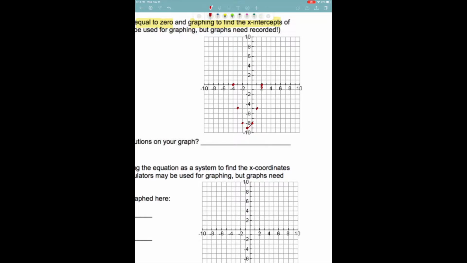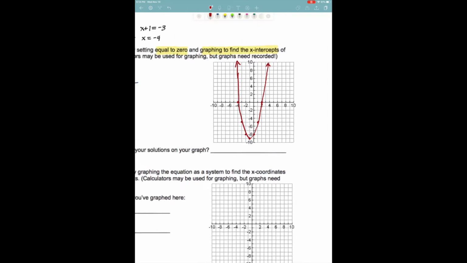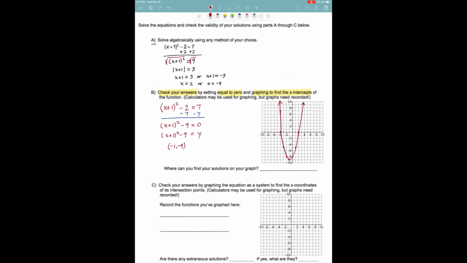If we graph it, it intersects the x-axis at 2, and it intersects the x-axis at negative 4. Well, we see above that our answer was x equals 2 and x equals negative 4. So that means it was right.